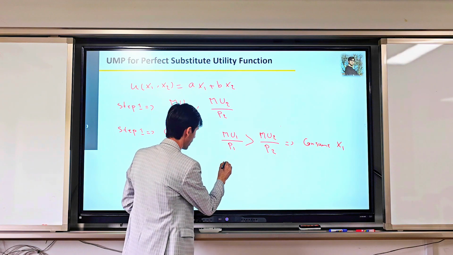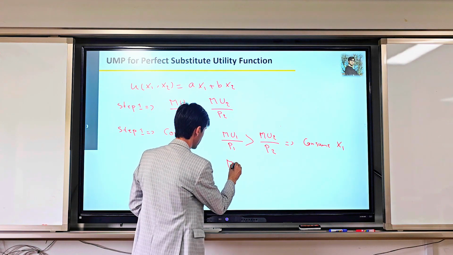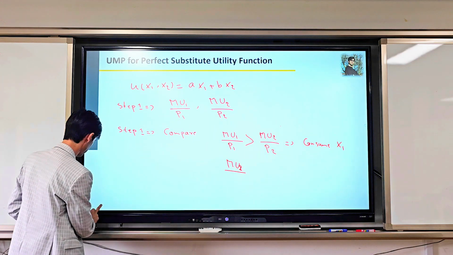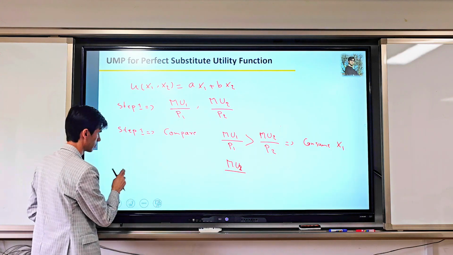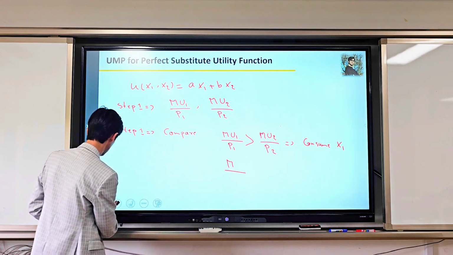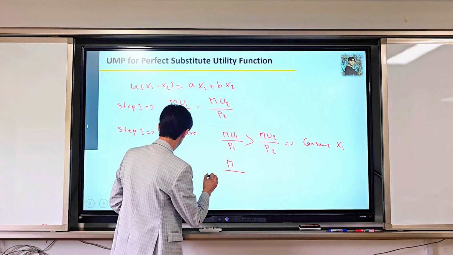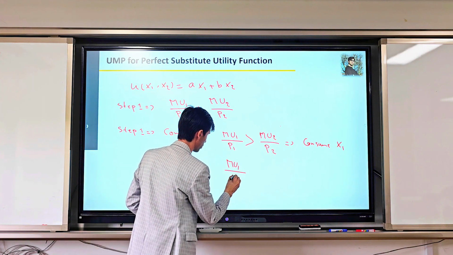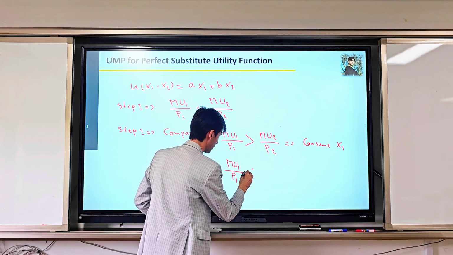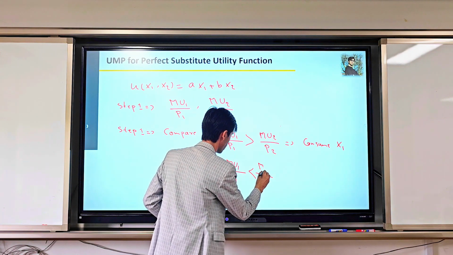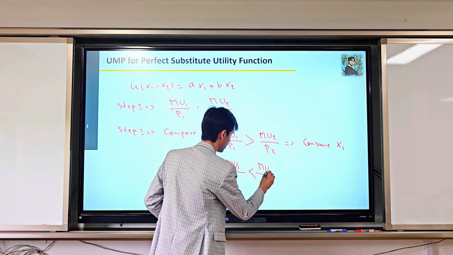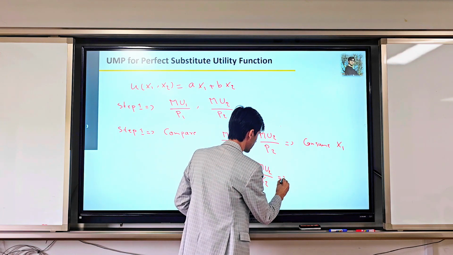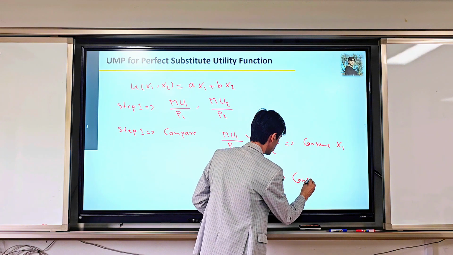And if the marginal utility per dollar of x1 is less than the marginal utility per dollar of x2, then we only consume x2.